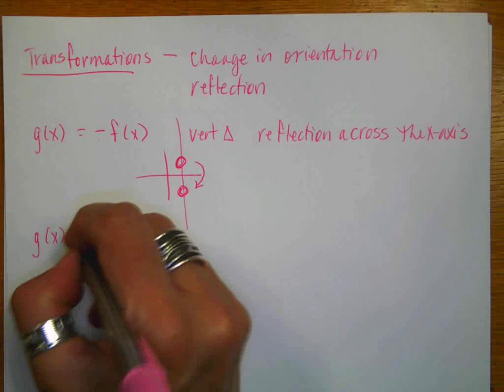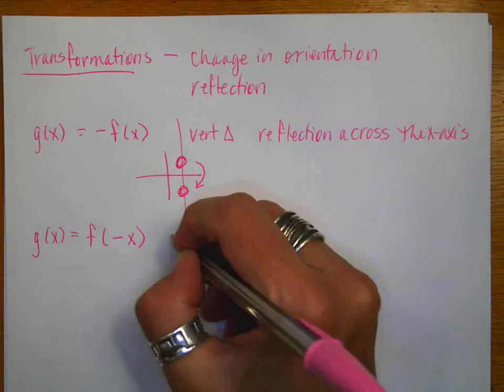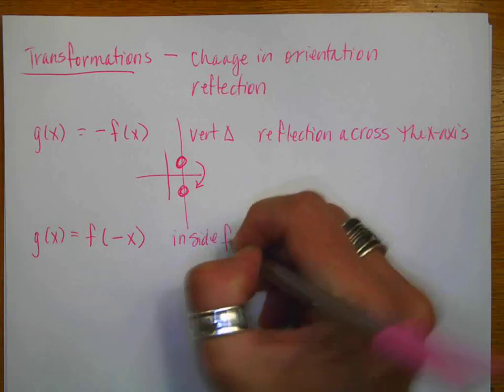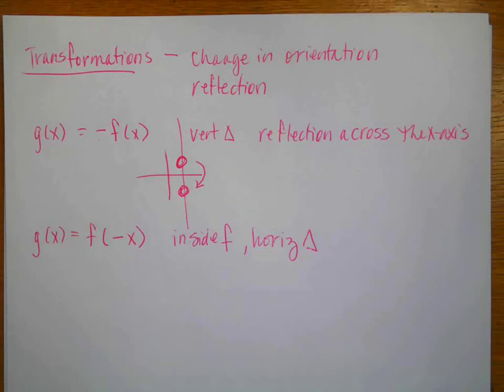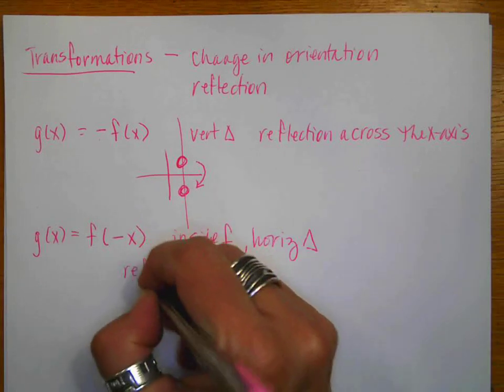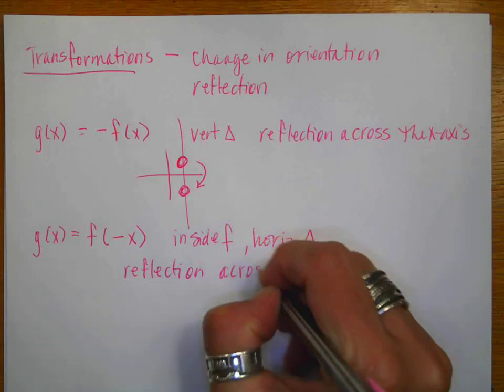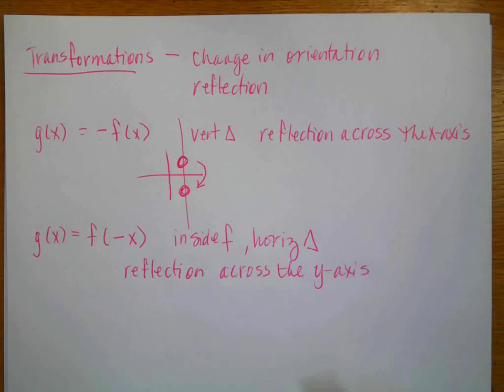On the other hand, if I have g of x is equal to f of a negative x, notice this is inside the function, which means it's going to be a horizontal change. So this is going to be a reflection across the y-axis.